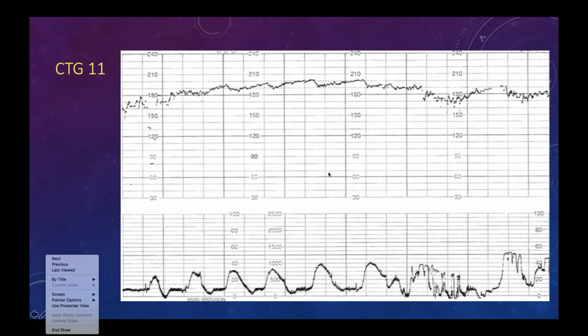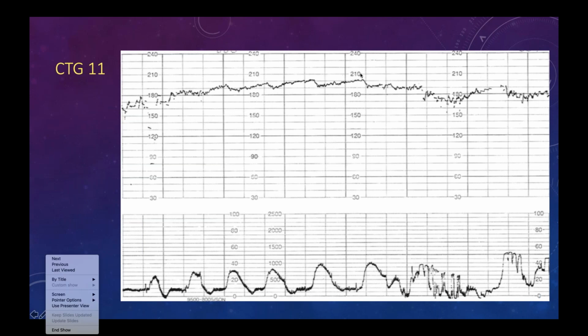Please tell me the 3 NR features. The baseline is 200, ma'am, more than 180. Decreased variability. No acceleration. 200 is an abnormal feature, ma'am.